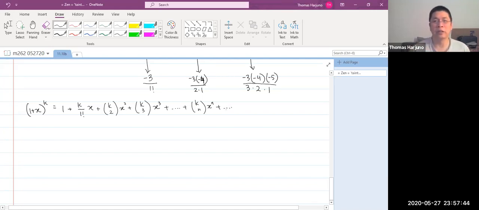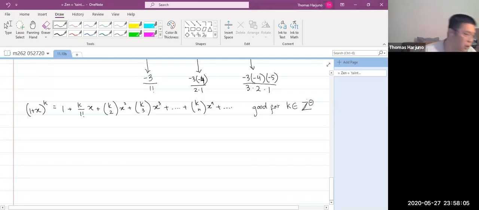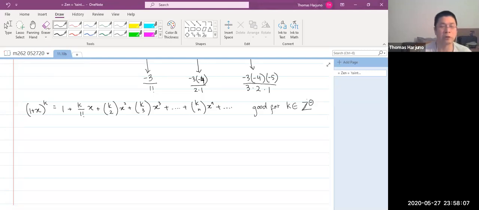Now this is especially good for k an integer and negative. In fact, it still works even if k, for example, is 1/2 or 1/3.